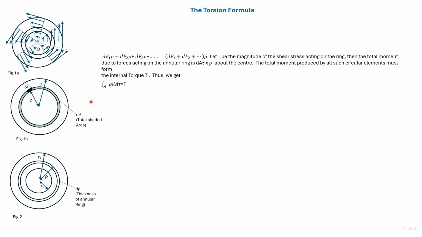Summing up, the moment due to stresses due to all annular rings gives us the total moment acting on this area and is equal to the internal torque that is acting. This is the corresponding relationship. Here A is the total cross-sectional area.